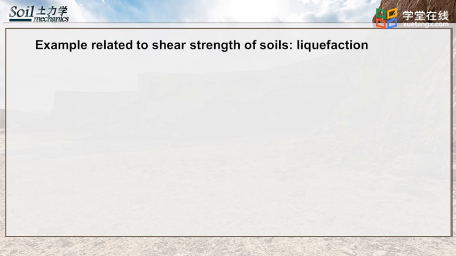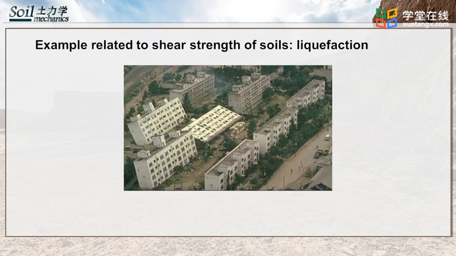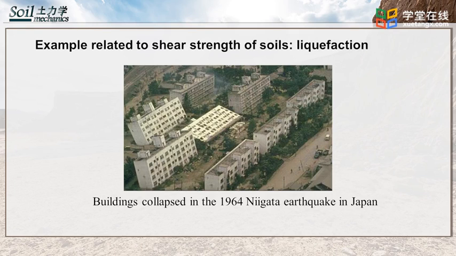Another example related to shear strength of soils is liquefaction. The picture shows building collapsed in the 1964 Niigata earthquake in Japan. As you can see that the upper structure of the building was still intact, but due to liquefaction, the foundation soil lost its bearing capacity, leading to collapse of the building.